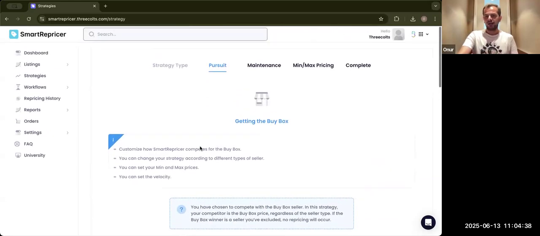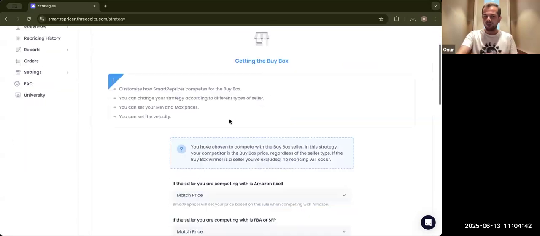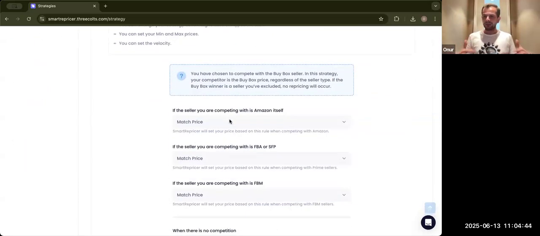So in the first page, we are going to decide what we are going to do depending on the competition, such as when I'm going to compete with Amazon, FBA, or FBM, we need to decide our price changes.